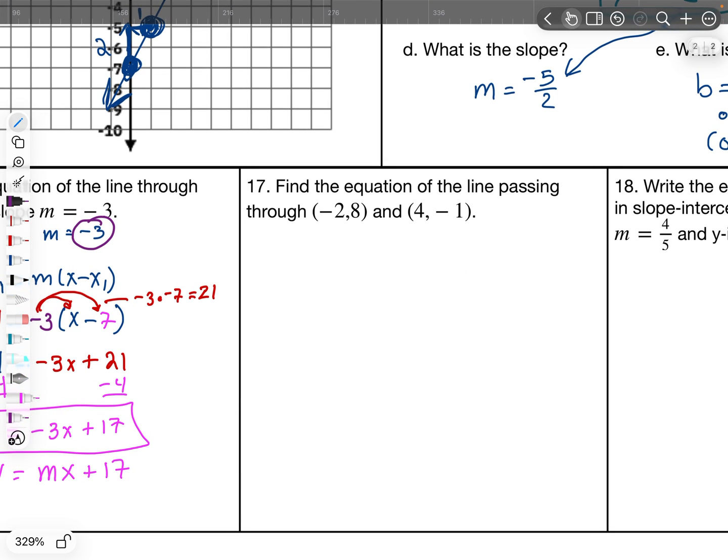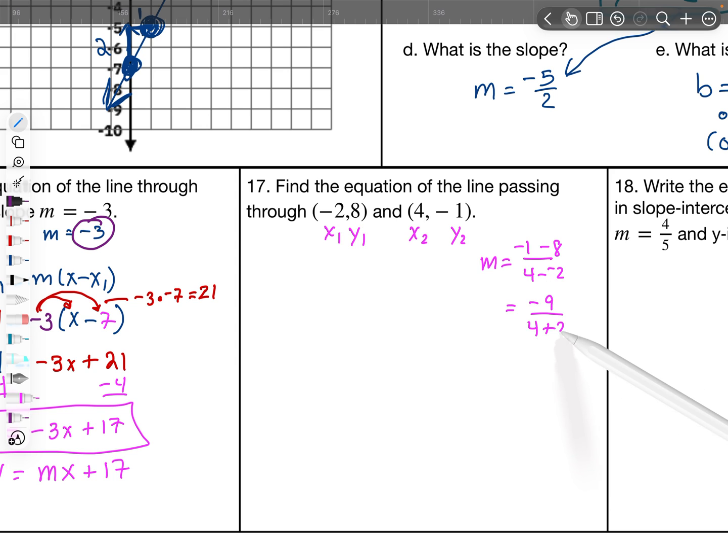Number 17, find the equation of the line passing through two points. Oh, these are the tough ones, right? I've got 2 points, so I'm going to label them. I don't have a slope, so I'm going to calculate one: -1 minus 8 over 4 minus -2. We're getting good at those, I hope.